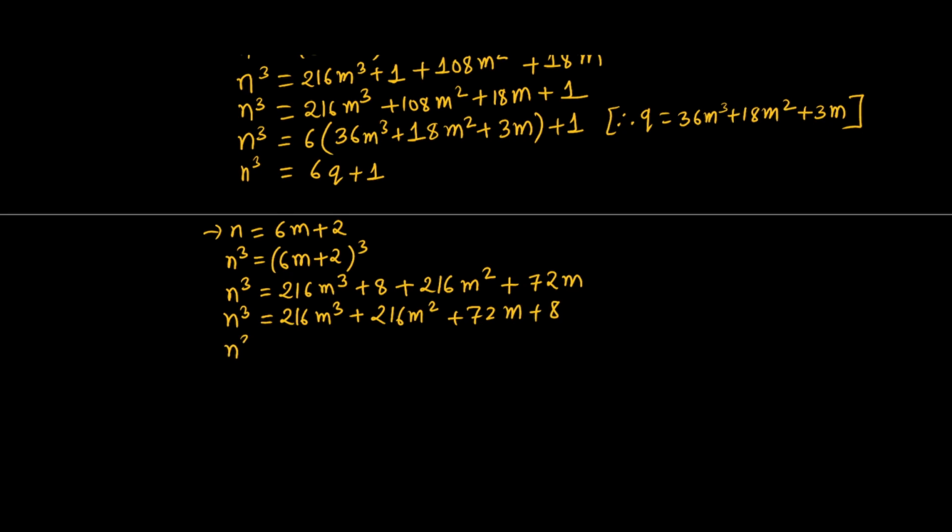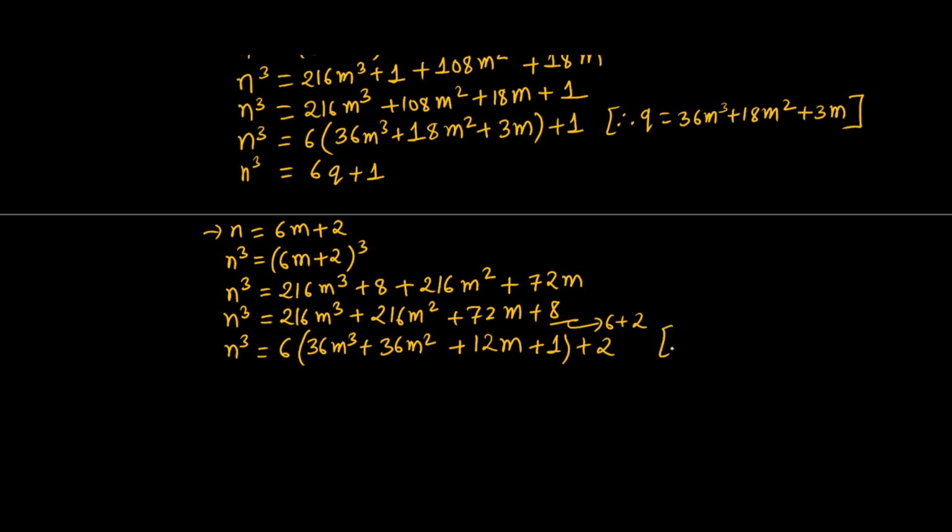So we will take common as 6. So 6 will be common. So 36 m cube plus 36 m square plus 12 m, and this we can write as 6 plus 2. So we will get here plus 1 and plus 2.